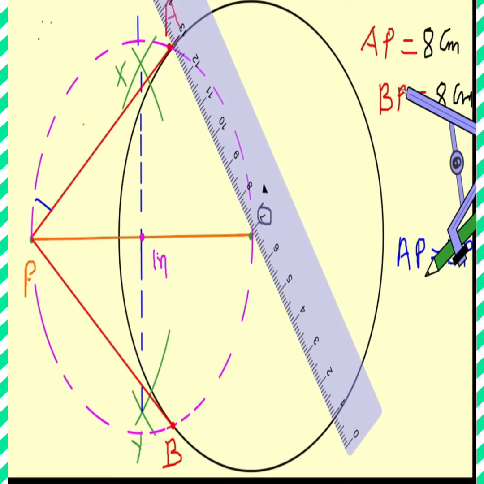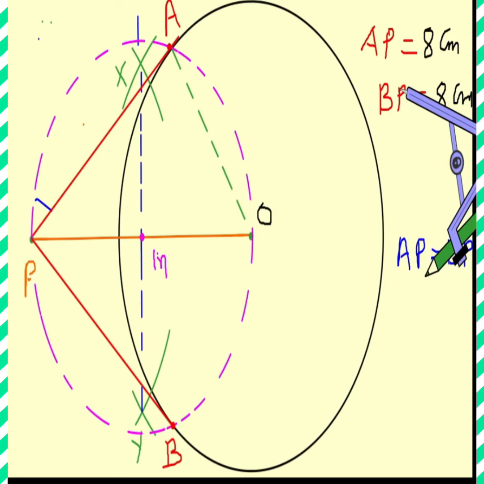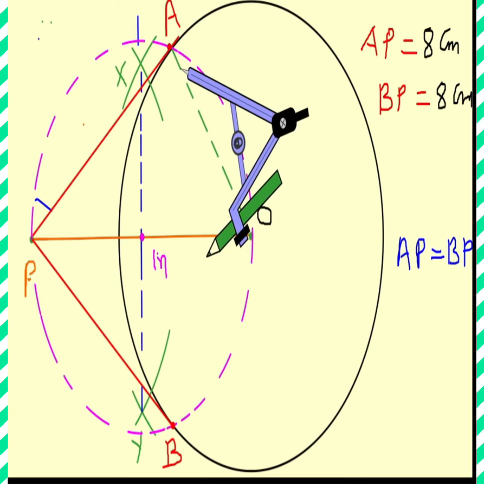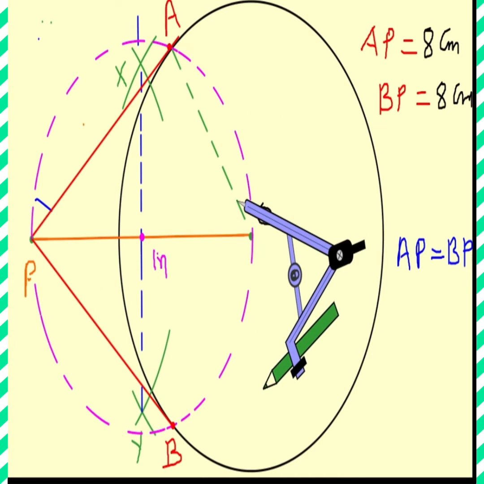For the justification, you will join A to O. So you will get this position. And now dear, we observe here this is a semicircle, that is OPA.